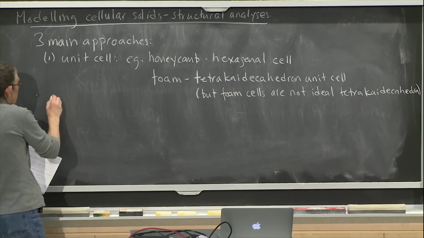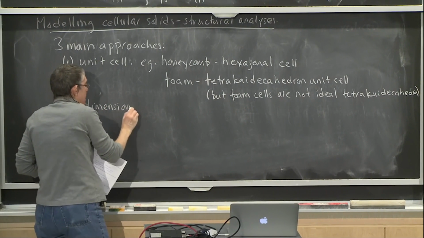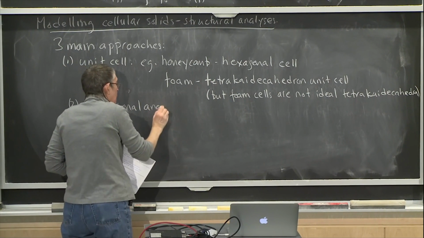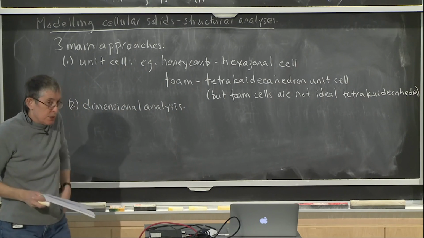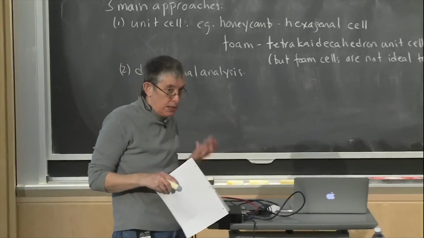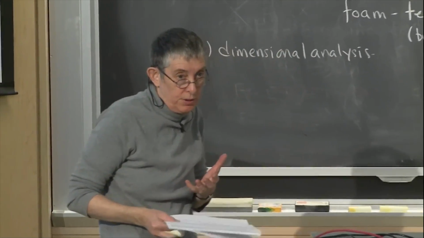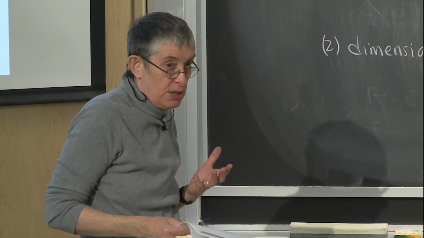And then a second approach is to use something called dimensional analysis. In dimensional analysis, what you want to do with this technique is model the mechanisms of deformation and failure in the structure, but you don't necessarily represent the cell geometry exactly.